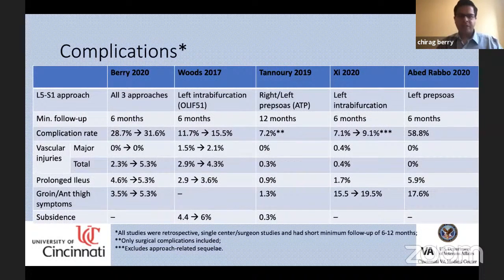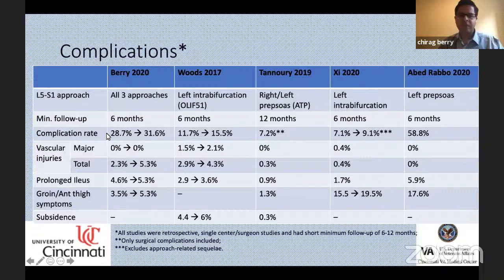Now, lastly, the complications. I've brought up these papers which have a good number of patients that had L5S1 included. Of course, they all use different techniques. One of our papers is in this, where we use all 3 approaches. The complication rate really increases when L5S1 is included.